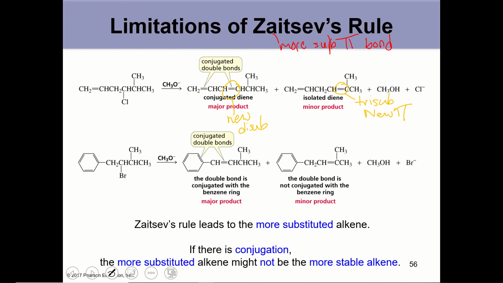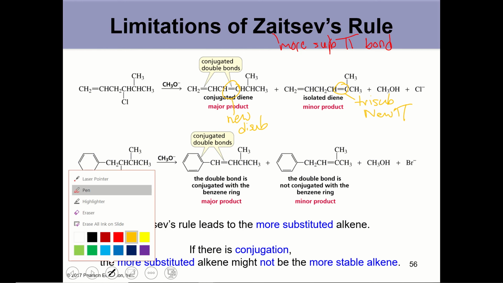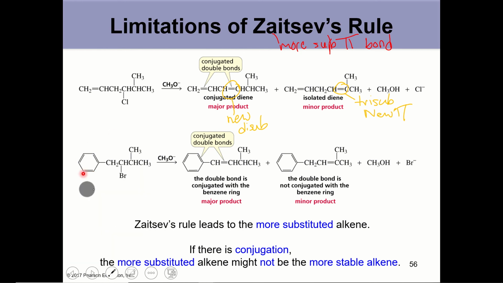Another example is the benzene ring. So we have a benzene ring with an alkyl halide at the 2 carbons away from the ring. And so the major product is again going to be the product that gives us delocalized electrons or conjugated pi bonds. So a conjugated pi bond is always going to be more stable than a more substituted pi bond.